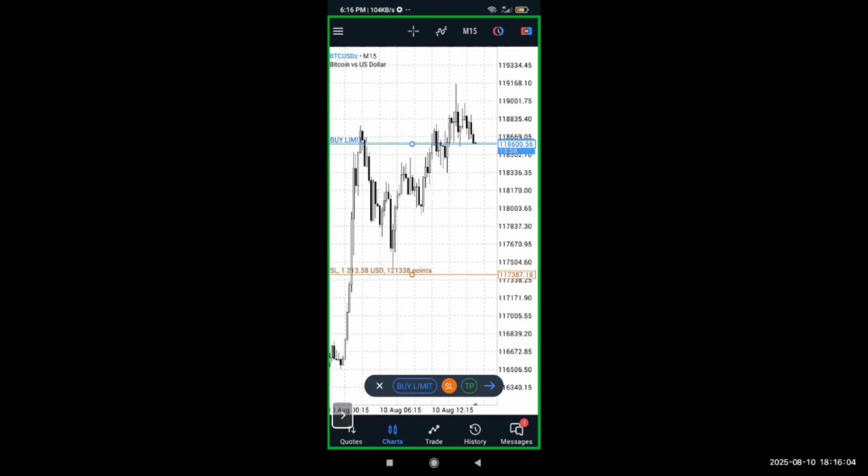So if I were to set my stop loss here and the buy limit is exactly where price is, it means that if price goes against me, the amount that I will be risking will be this amount that you are seeing here, which is $765.